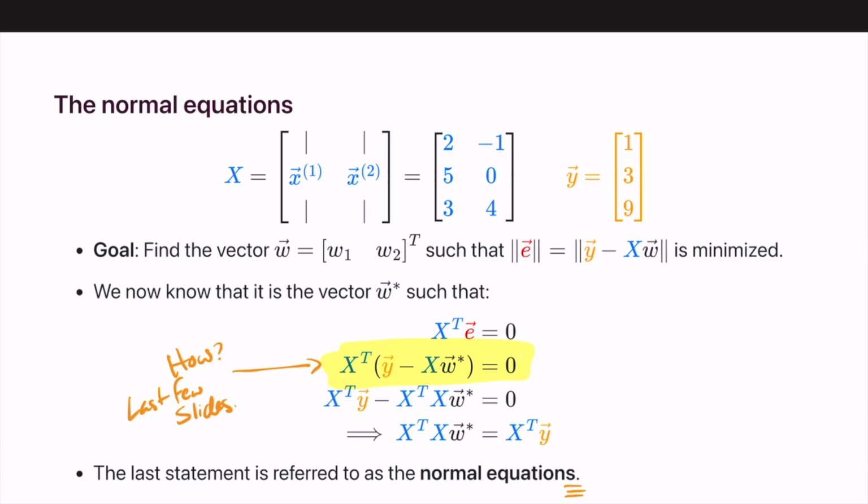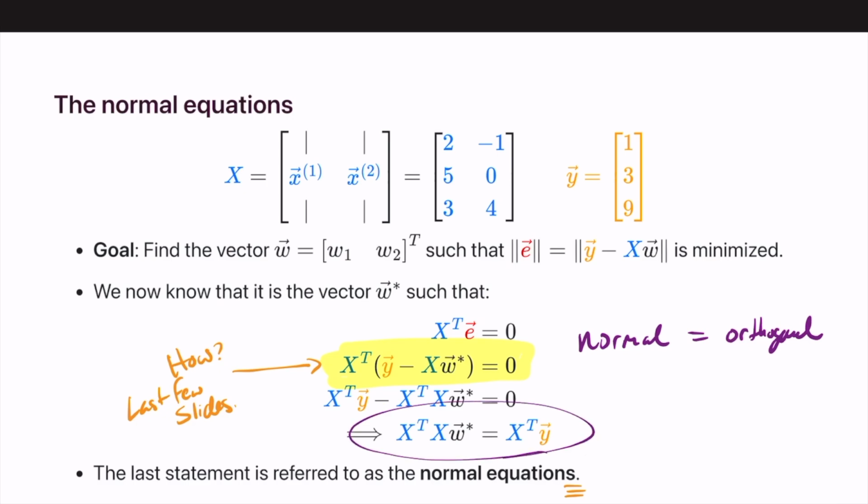Why? Well, because people like to name things many different ways, and much like we can name columns in a data set as features or variables or attributes, normal is just another way of saying orthogonal.